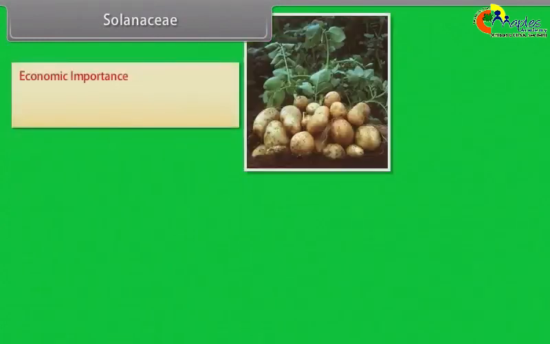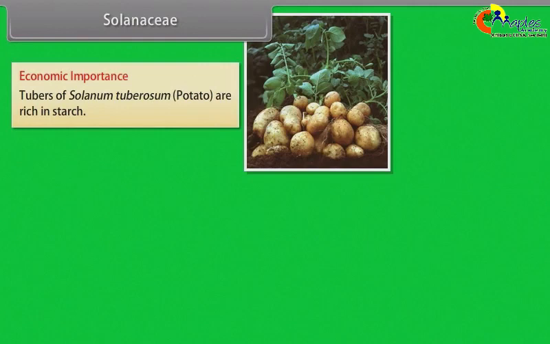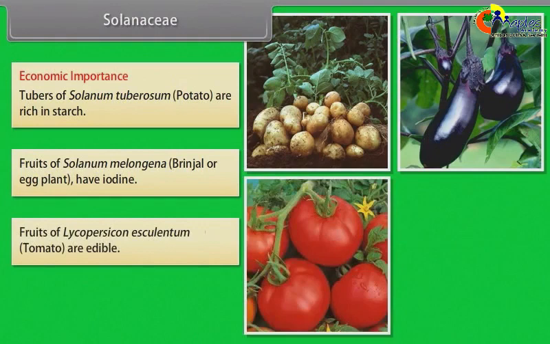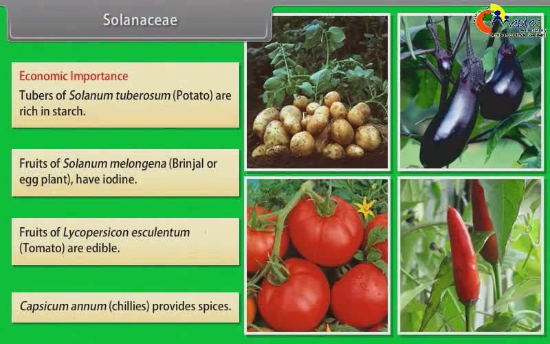Economic importance. Tubers of Solanum tuberosum, potato, are rich in starch. Fruits of Solanum melongena, brinjal or eggplant, have iron. Fruits of Lycopersicon esculentum, tomato, are edible. Capsicum annuum, chilies, provide spices.